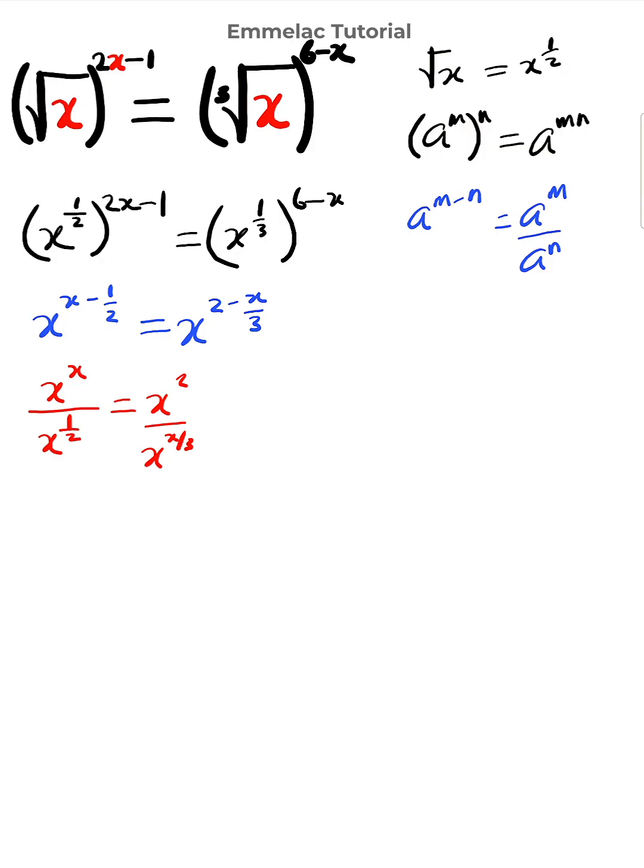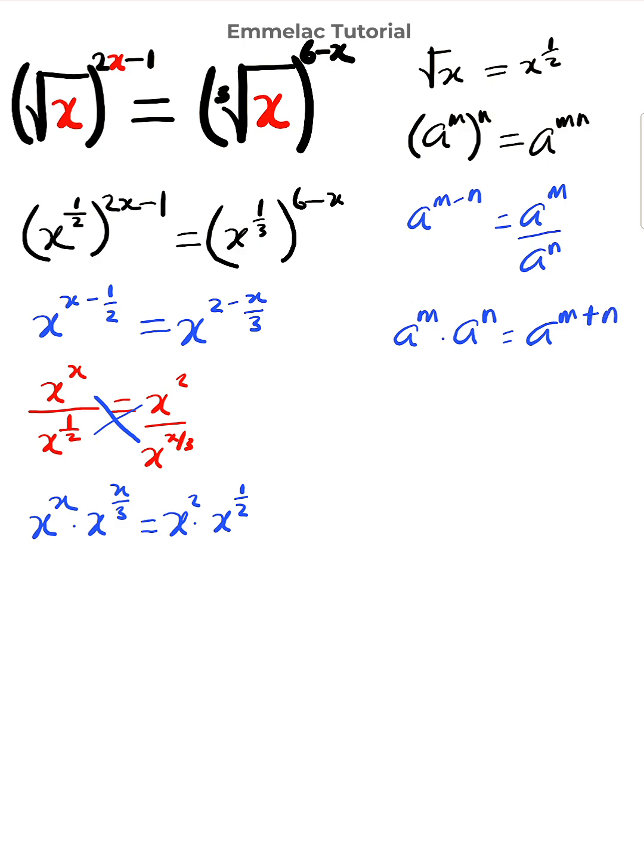By cross multiplying, I want to bring the x's together and the ones without x together. So I have here x raised to x times x raised to x over 3, and on the right hand side, x raised to 2 times x raised to 1 over 2. Now by the law of multiplication, a raised to m times a raised to n gives a raised to m plus n.